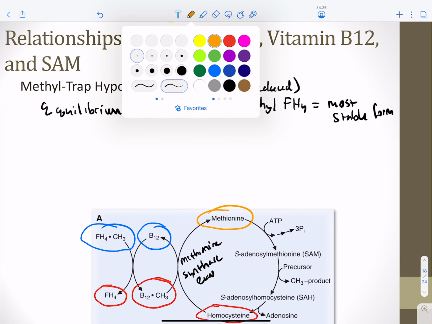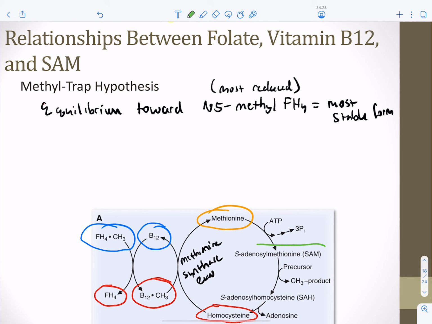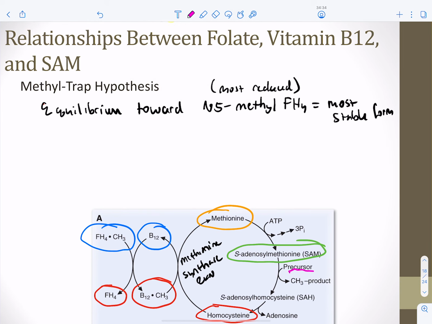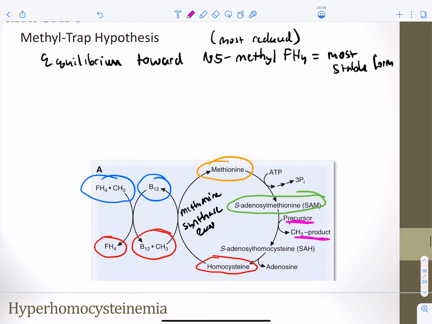All of this is very important because ultimately you're trying to get your SAM produced, and then SAM can transfer its carbons to many precursors to give you some product plus a carbon. So the methyl trap hypothesis is basically if vitamin B12 is deficient or if methionine synthase is defective. Let me write this a little bit better.